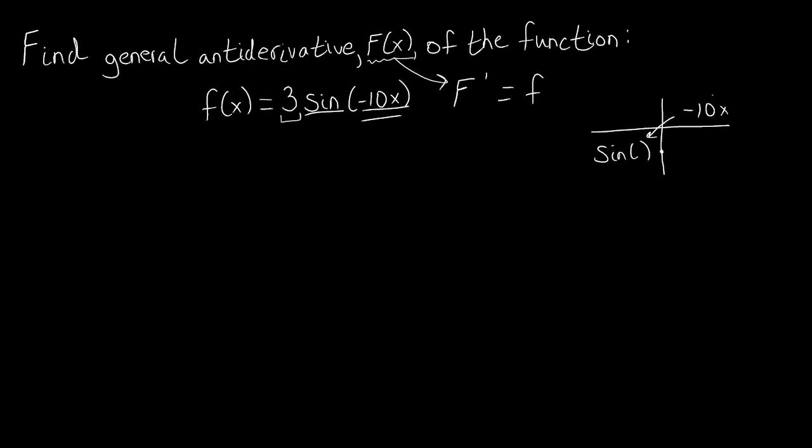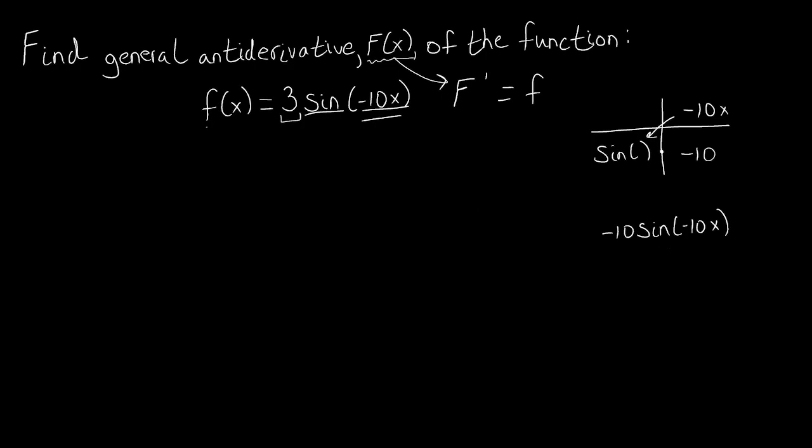Well, we know that if we have this negative 10x, the thing that goes beneath it is the derivative of that, which in this case is negative 10. So at this point, we have negative 10 sine of negative 10x. This is what would result in the derivative of what we know.